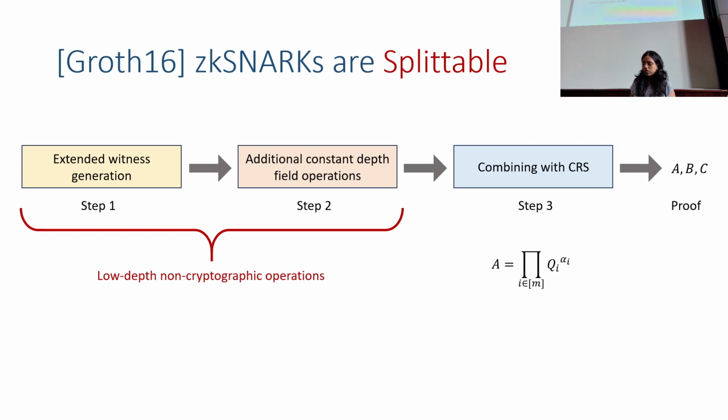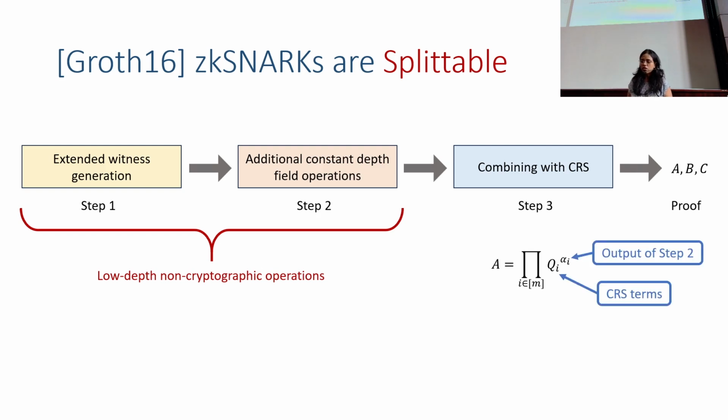Now, given the output of the second step, like I'd mentioned on the previous slide, the third step requires computing group exponentiations. In particular, here, these Q_i denote the group elements that are generated in the CRS, and let's say these alpha_i are the output of the second step. So now you can see that if the servers were to use HSS to compute the first two steps to obtain additive secret sharings of these alpha_i values, they can individually compute these group exponentiations given the CRS.